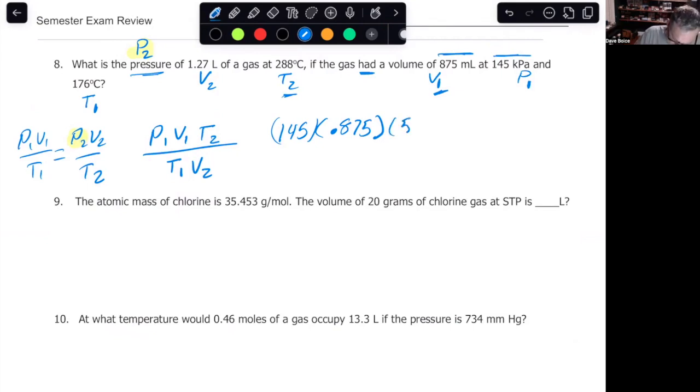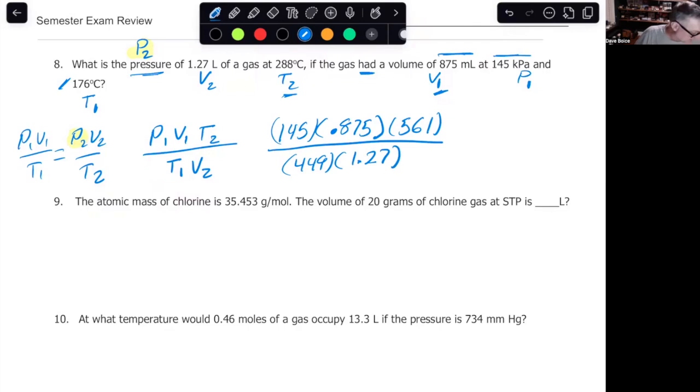Sounds like a good number. I'm going to divide that by T1. Where are you at, T1? There you are. 176. Oh, so close, but you just can't come to the party just like that. So I'm going to change that to 449 by adding 273.